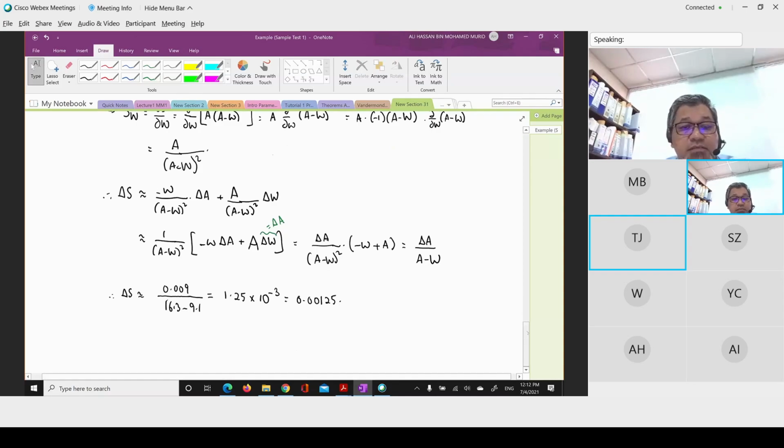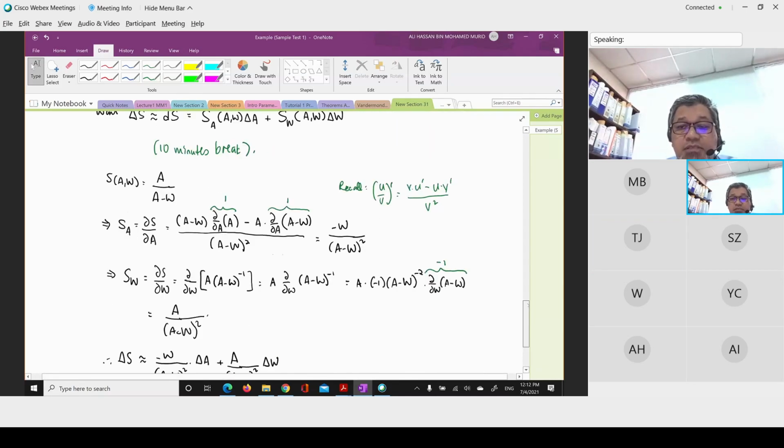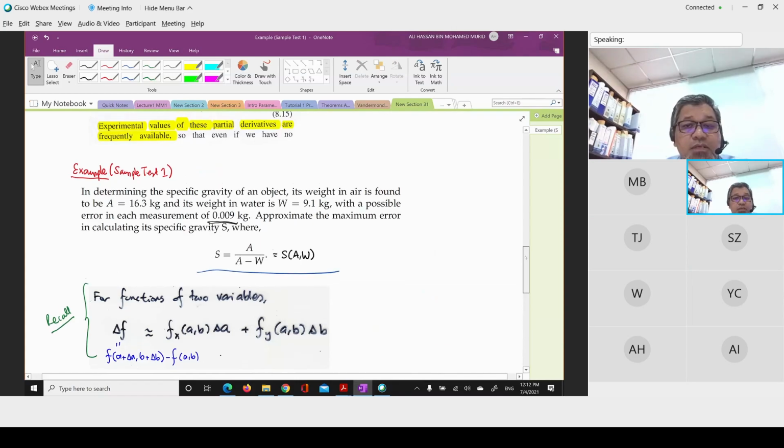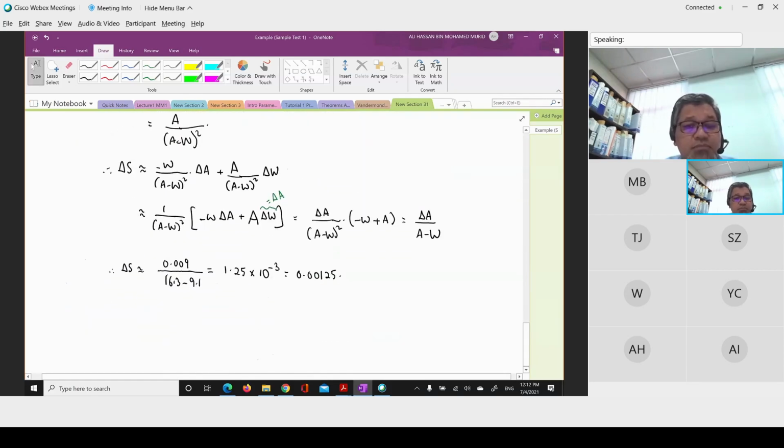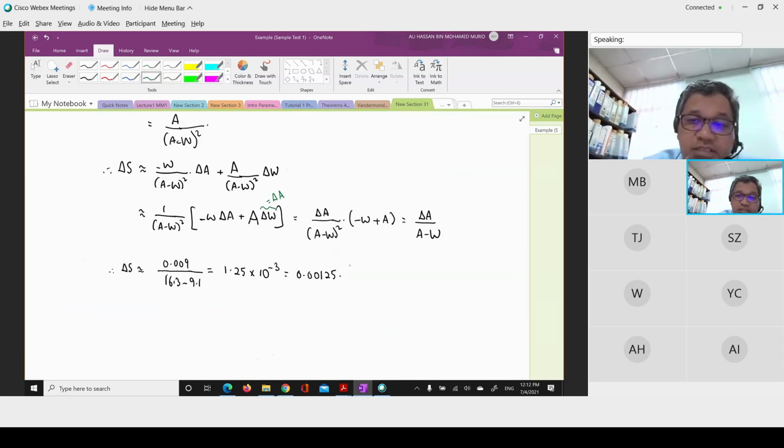Now, is this correct? Look at the question again. The word maximum error is used here. Approximate the maximum error in calculating its specific gravity S. What we have found here is actually the approximate error.